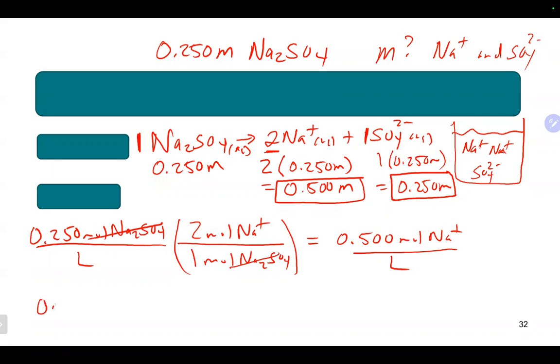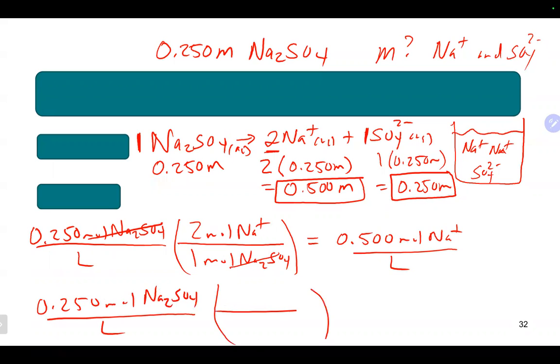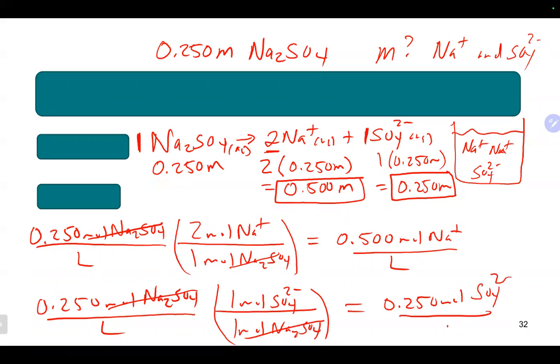And if we did it for the sulfate, it is 1 mole of sulfate to 1 mole of the entire thing. Those cancel, and we end up with 0.25 moles of sulfate per liter. Hence the multiply by 2, multiply by 1 is the quicker way of doing that calculation, but that's really the long way of doing it.